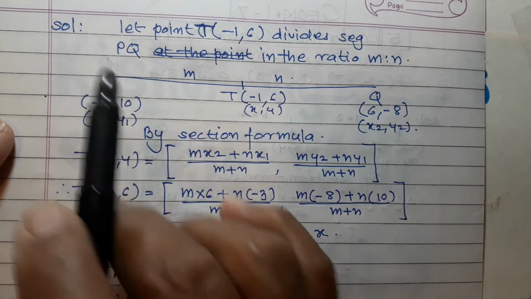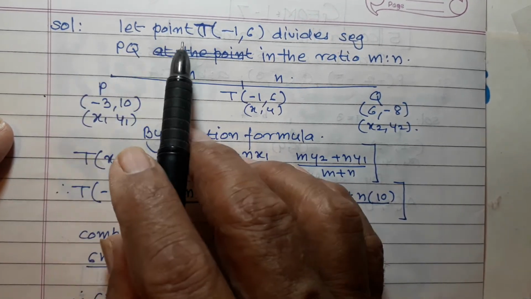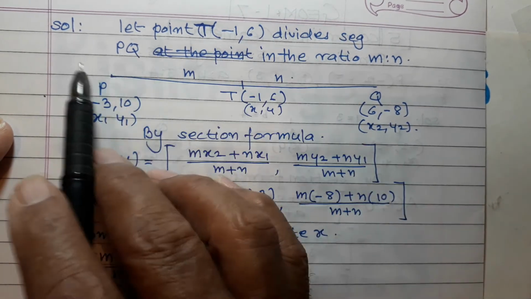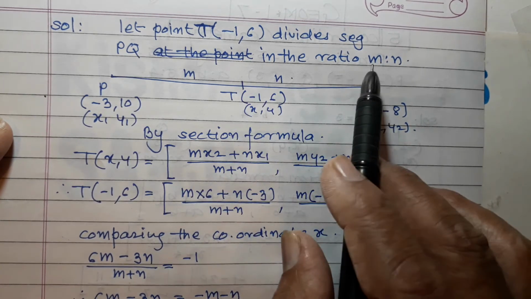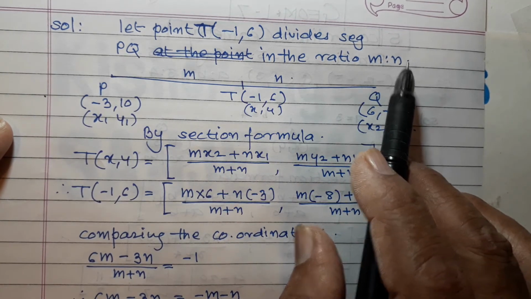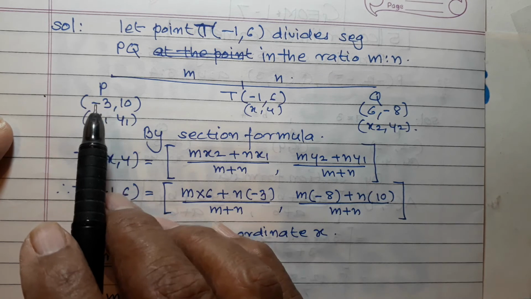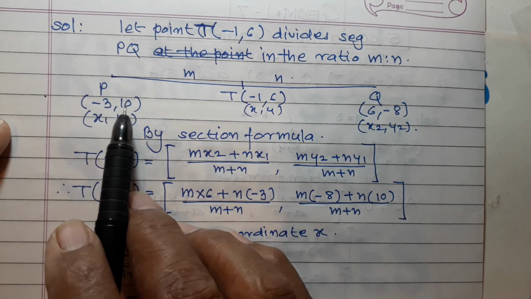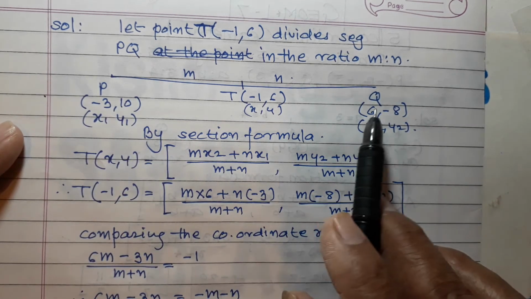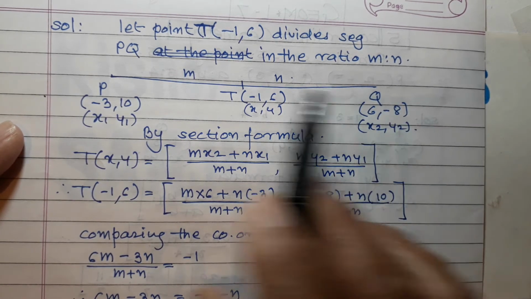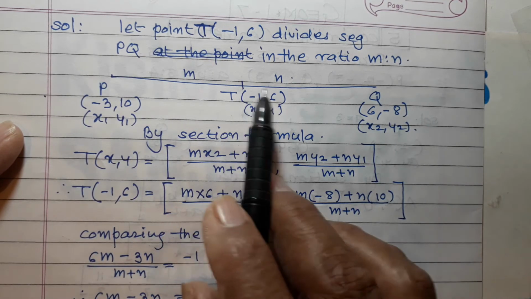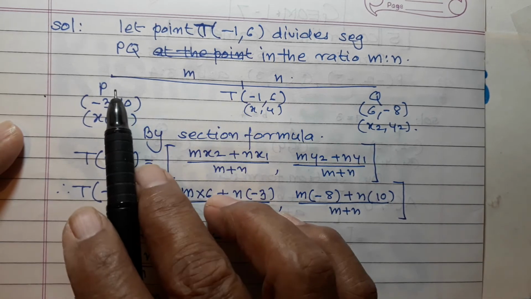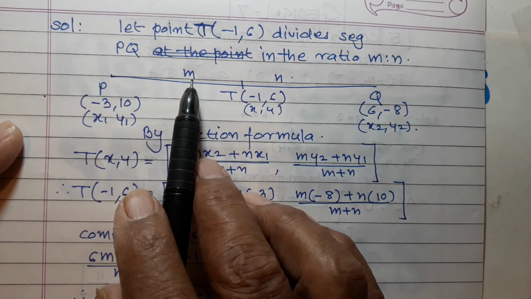Solution. Let point T (-1, 6) divide segment PQ in the ratio m:n. Then draw your figure according to the given P and Q. P is (-3, 10), Q is (6, -8), and this point T is (-1, 6). This point divides segment PQ in the ratio m:n.